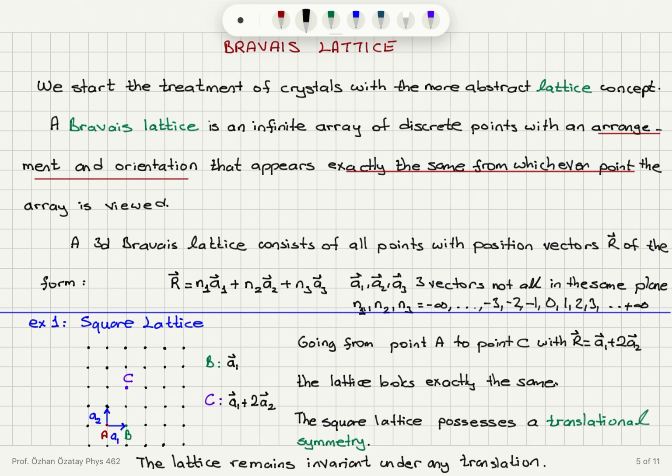So that means it has translational symmetry. The lattice remains invariant under any translations. And the displacement vectors between two points in the Bravais lattice are given by integer multiples of 3 vectors. And a good example is the square lattice, where we have the translational symmetry.